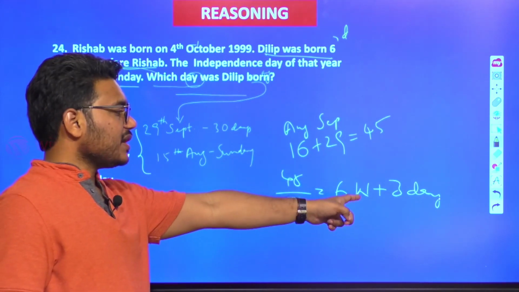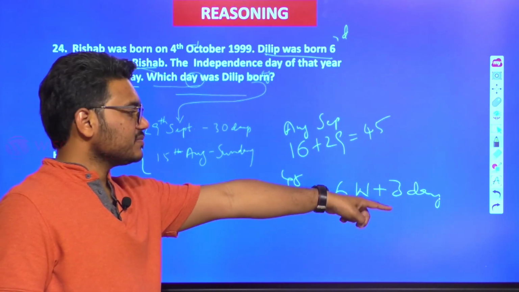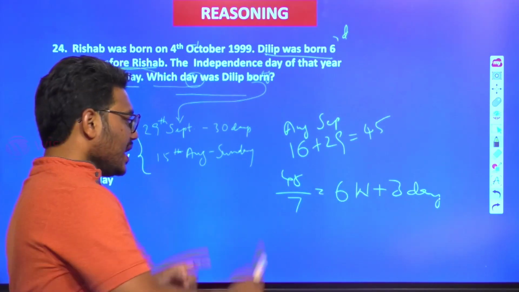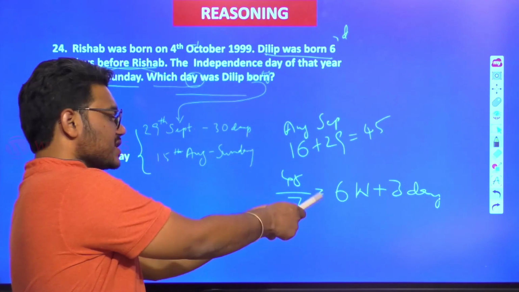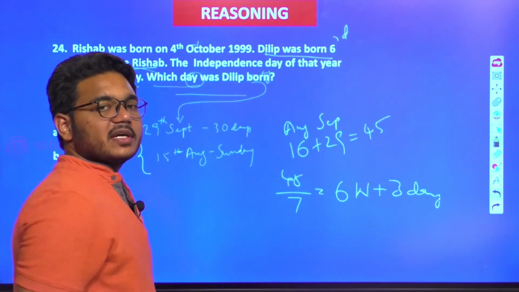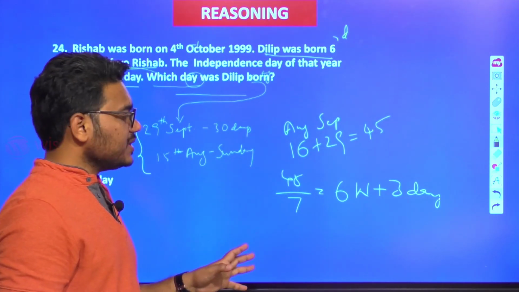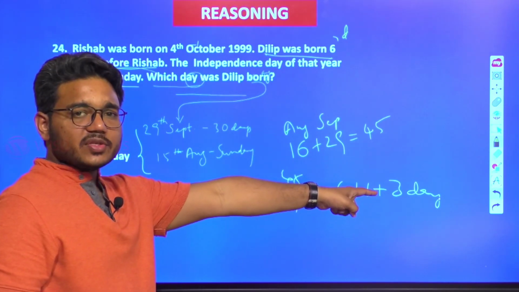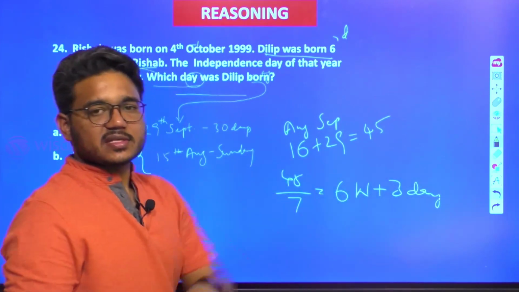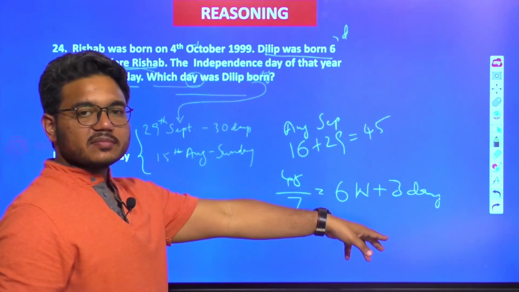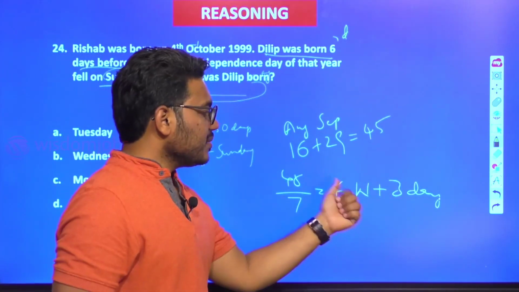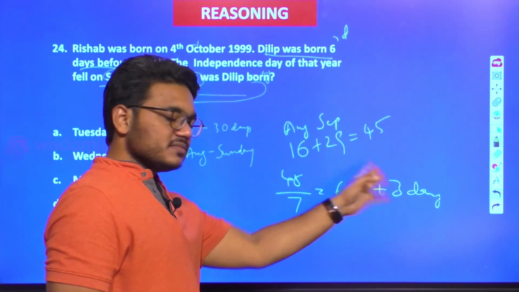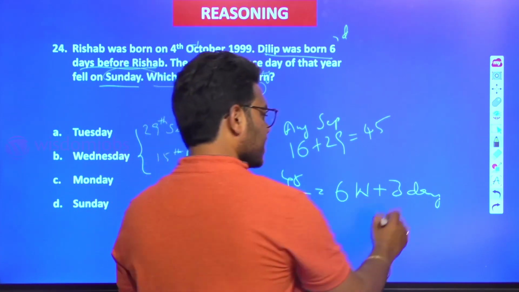So you will be after Sunday, Monday, Tuesday. After 6 weeks, the week will be repeated, isn't it? The week will be repeated. So we need to identify the day here. After Sunday, 3 days. So after Sunday, what is the third day? Monday, Tuesday, Wednesday. So after Sunday, the third day is Wednesday.